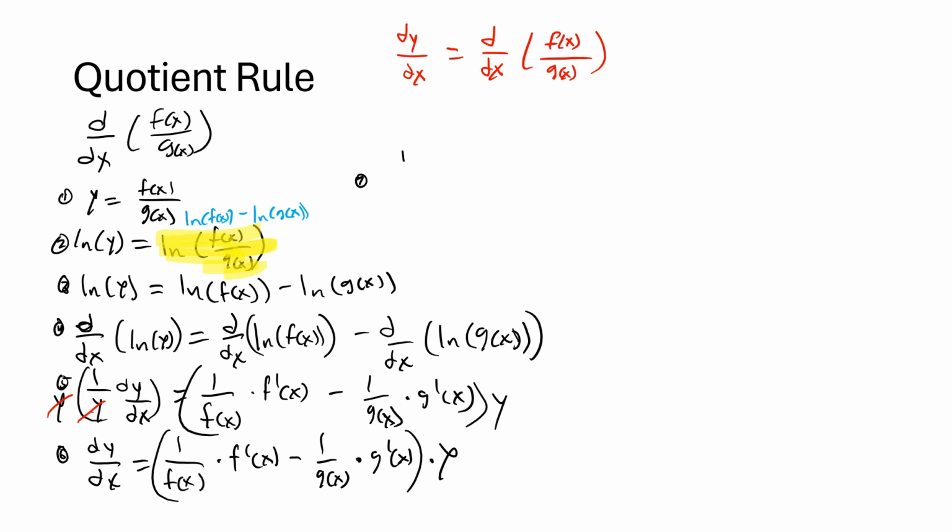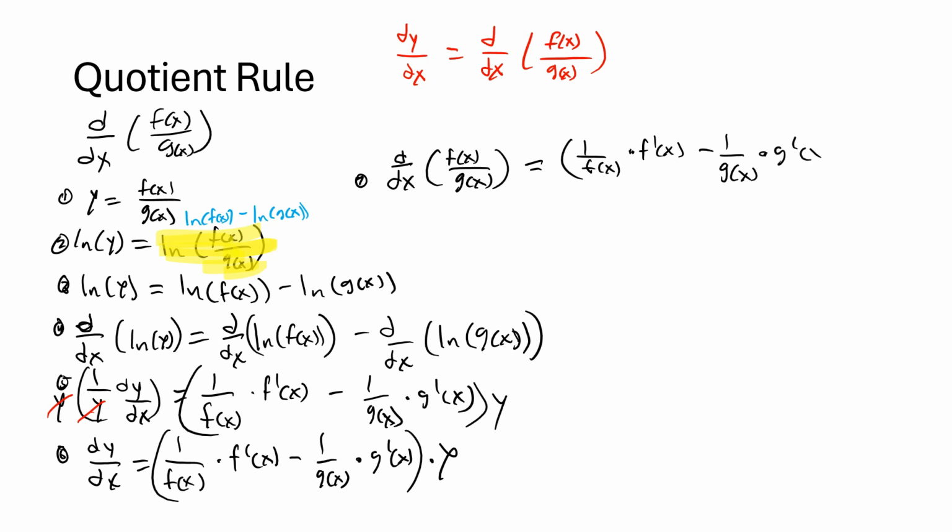So then this will be d/dx of f of x over g of x equals, I'm just going to write 1 over f of x times f prime of x minus 1 over g of x times g prime of x, times f of x over g of x.